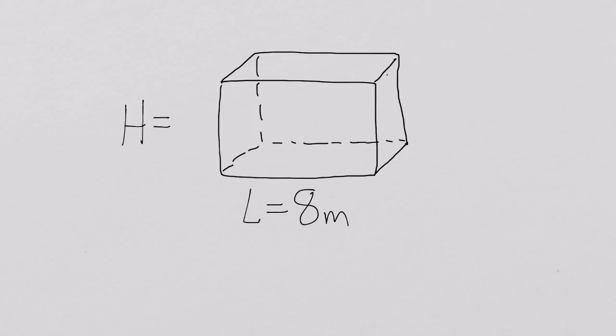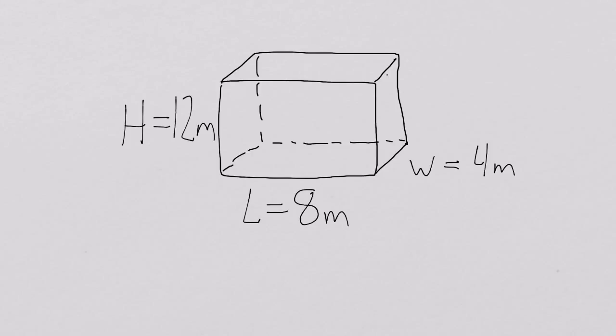And we're going to say our height is 12 meters. It's a very tall box. And then lastly, our width, which is the diagonal line over here this time, because it's not left to right, it's not up and down, it's going diagonally. We're going to say that the width is, let's go with 4 meters.